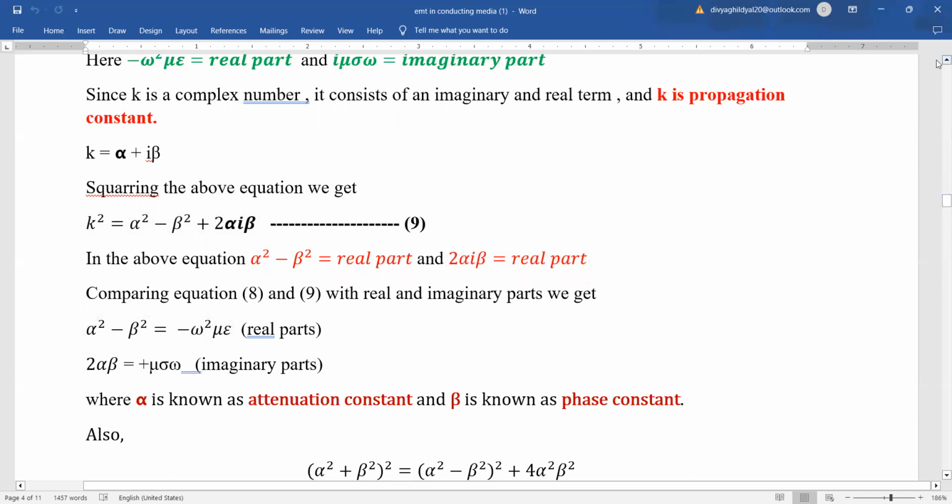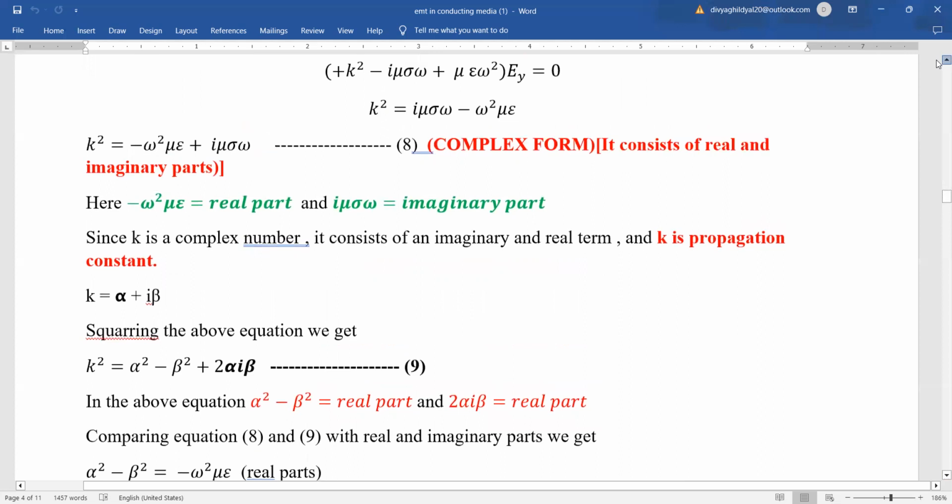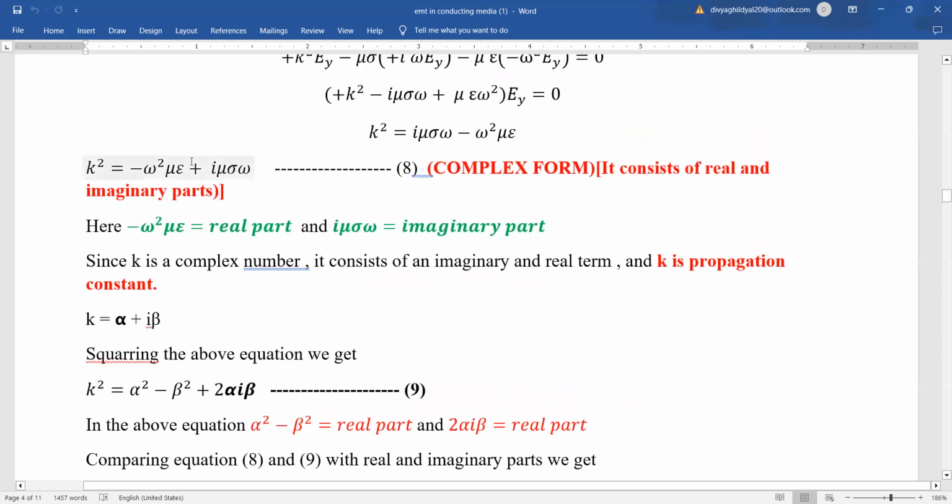Now, we compare equations 8 and 9 here. See, k square is equal to minus omega square mu epsilon plus i mu sigma omega, and k square is alpha square minus beta square plus 2 alpha i beta. So when we compare them, alpha square minus beta square is equal to minus omega square mu epsilon.